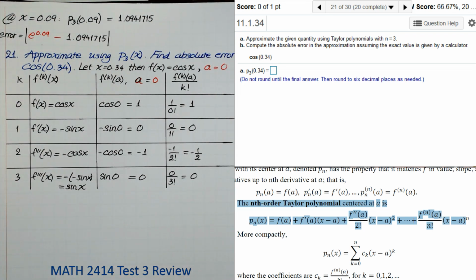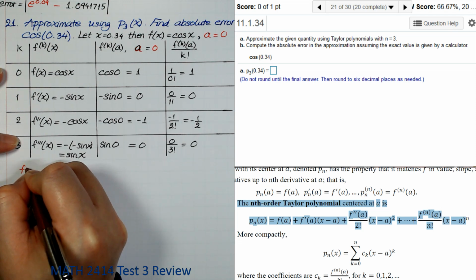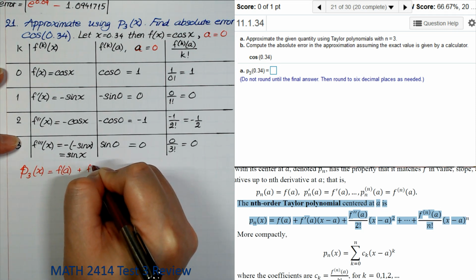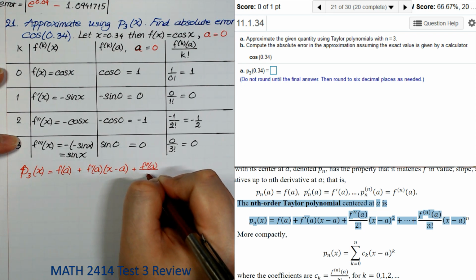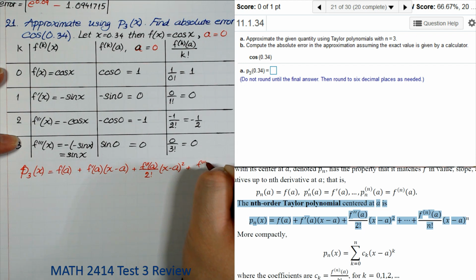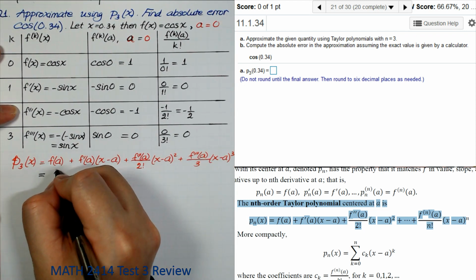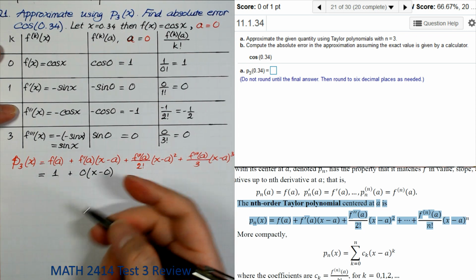Since this is center at 0, this is P3. So have 1 and then 0, x minus 0, a0, center is 0.